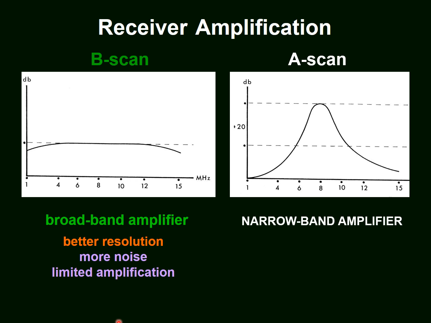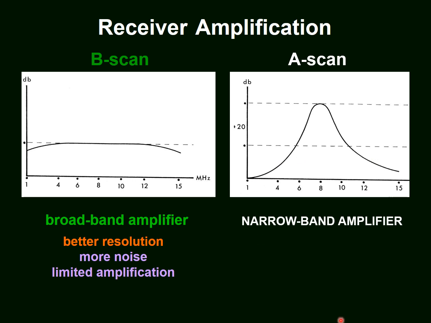In contrast to B-scan, the standardized A-scan uses a narrowband amplifier. One frequency, 8 MHz, is maximally amplified, and already at 6 MHz and 10 to 11 MHz we get only half the amplification, and that gets even lower at higher and lower frequencies.